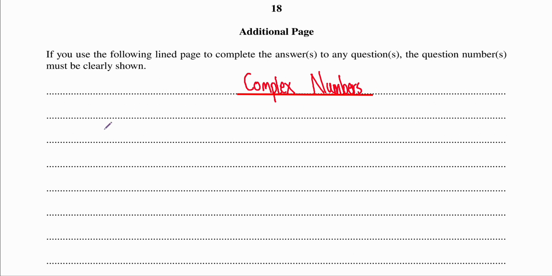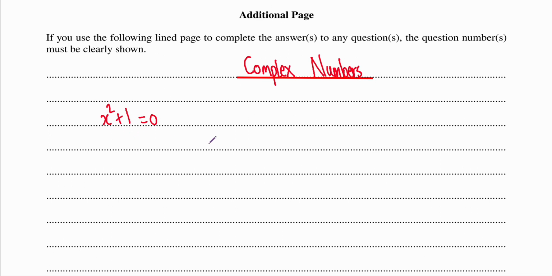So before we get to a complex number, I'm going to ask you something. I'm going to ask you x squared plus 1 equals 0, and I'm going to ask you to solve this equation for me. So using the quadratic formula, we have x is equal to minus b. This is basically x squared plus 0x plus 1 equals 0.